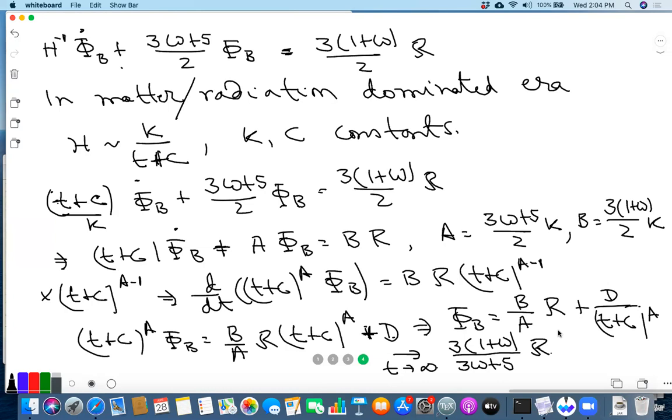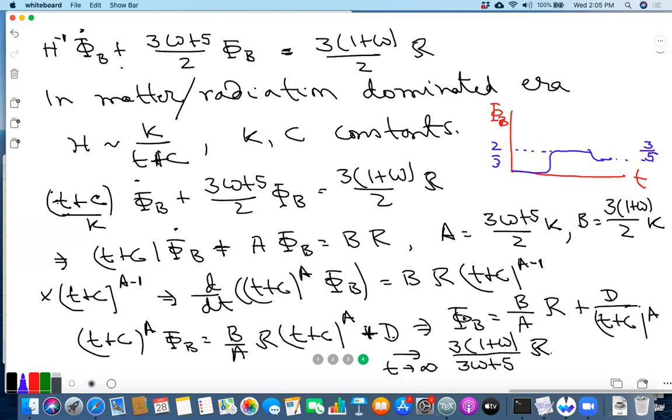So if you plot phi b versus t, it starts at 0, then it settles down to 2/3, and 2/3 is larger than 3/5, so it settles down to 3/5. Okay, so that's the way phi b changes.